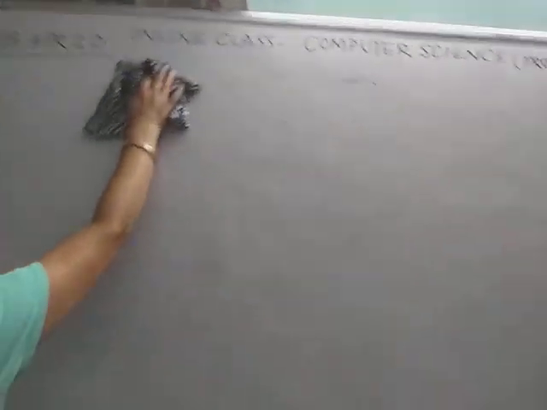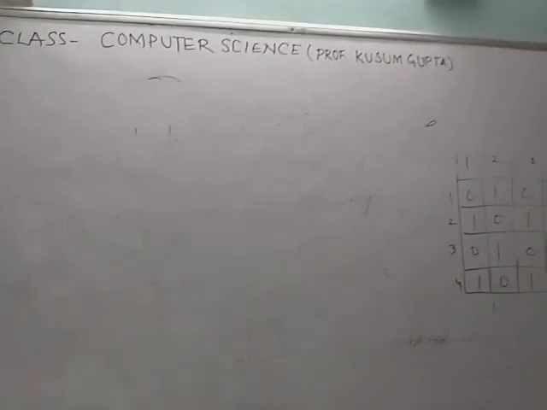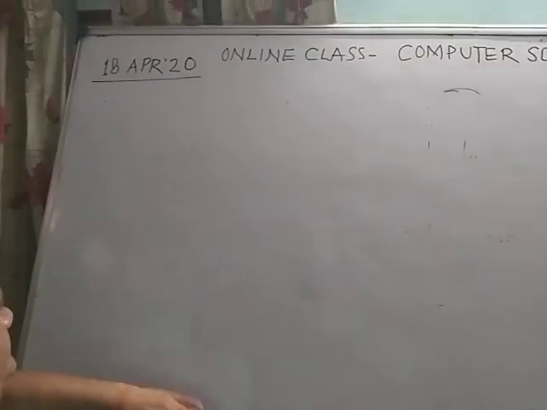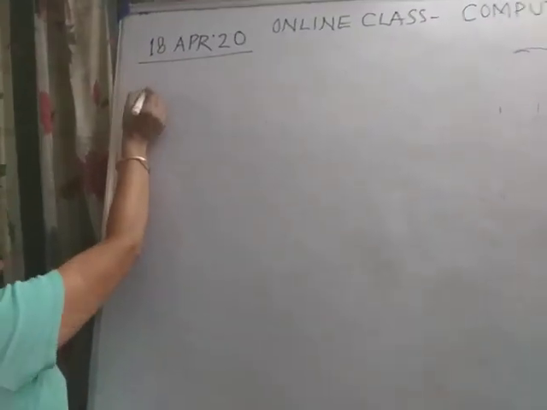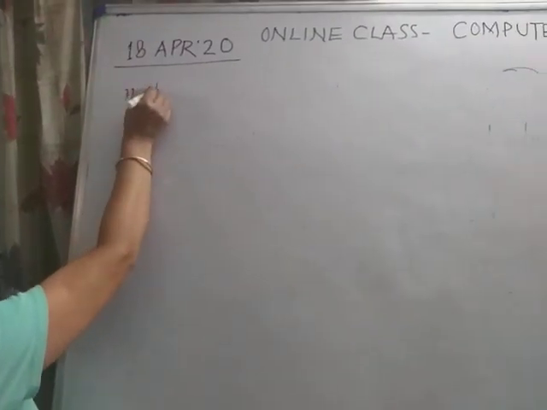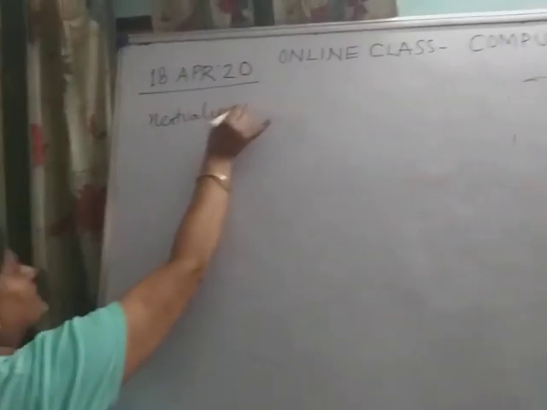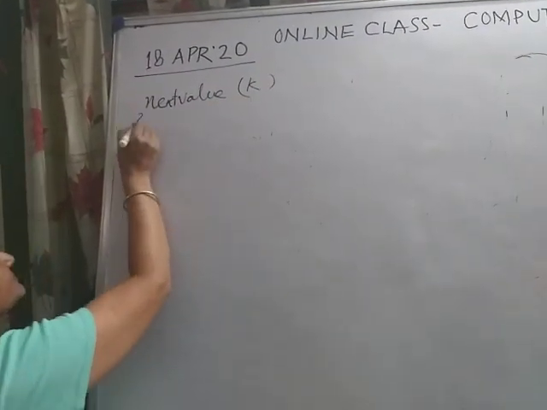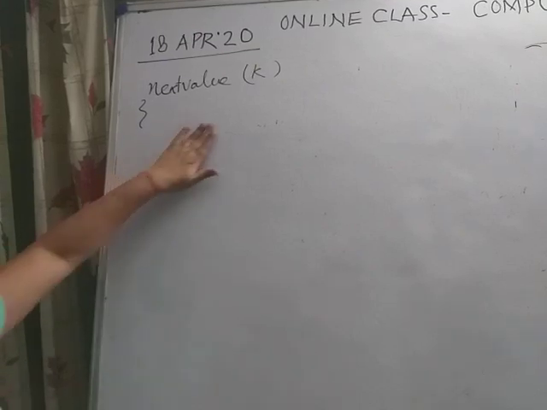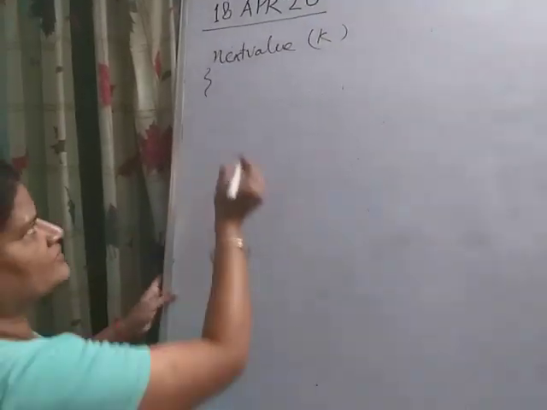Next value k. Okay, and you write the description.